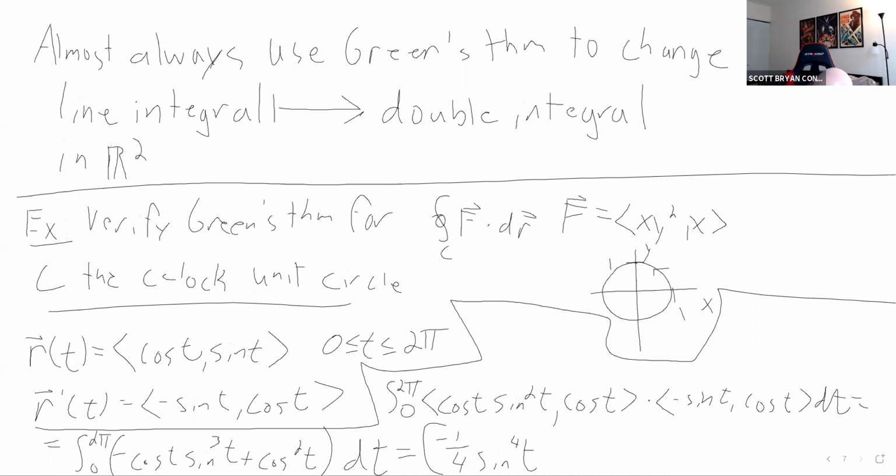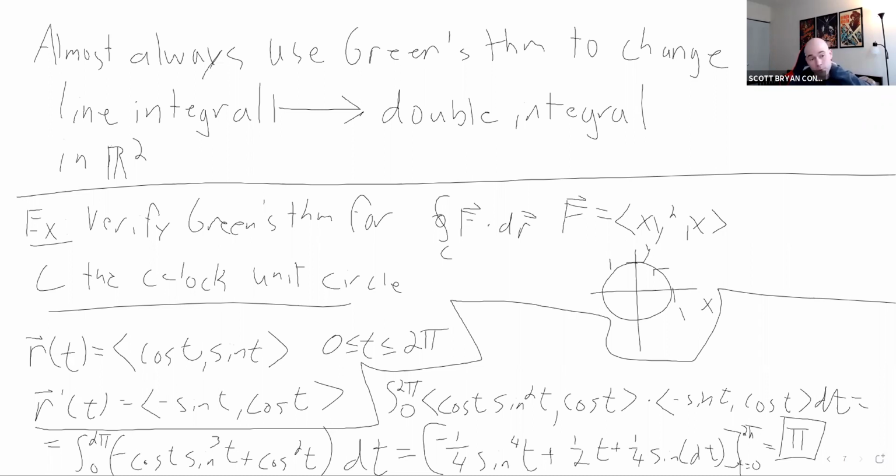When we integrate that, we get 1/2 t plus 1/4 sine of 2t, going from 0 to 2 pi. And plugging in 0 and 2 pi into everything involving sine here, we get 0. And then the 1/2 t becomes just pi. So when we do this line integral directly, we get pi.